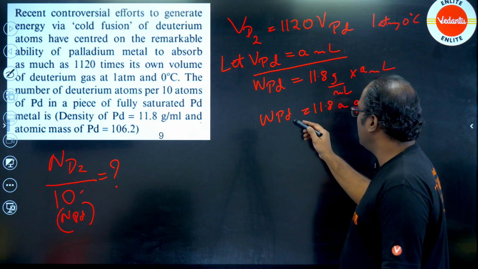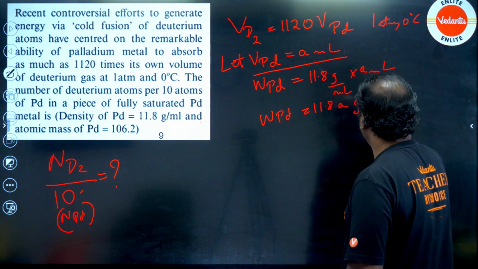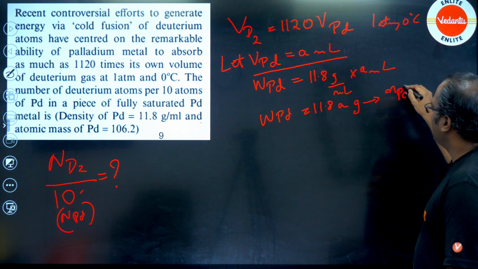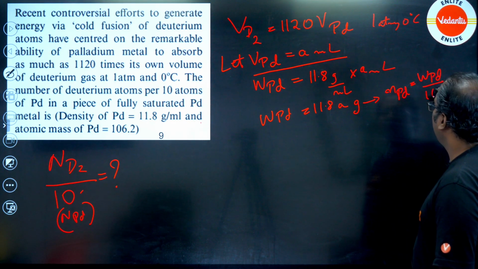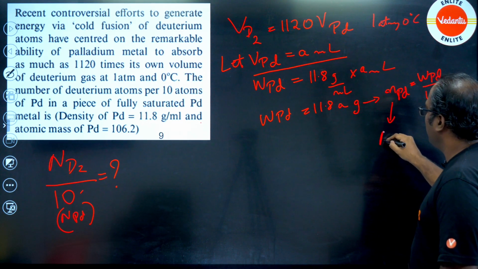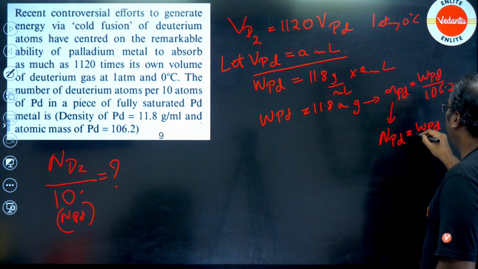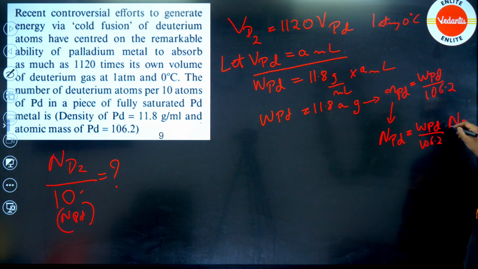Now we can convert this value to number of palladium atoms, yes or no? Easily we can do that. Weight can be converted to number of moles. Number of moles is equal to weight upon atomic weight. Atomic weight is 106.2. From here we can find the number of palladium atoms, that's number of moles, weight upon atomic weight, into Avogadro.